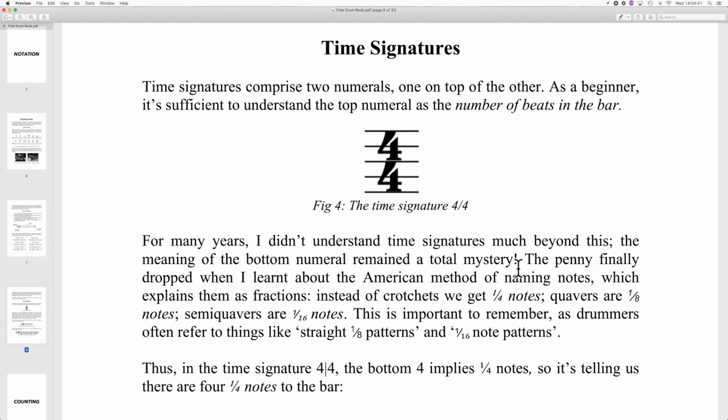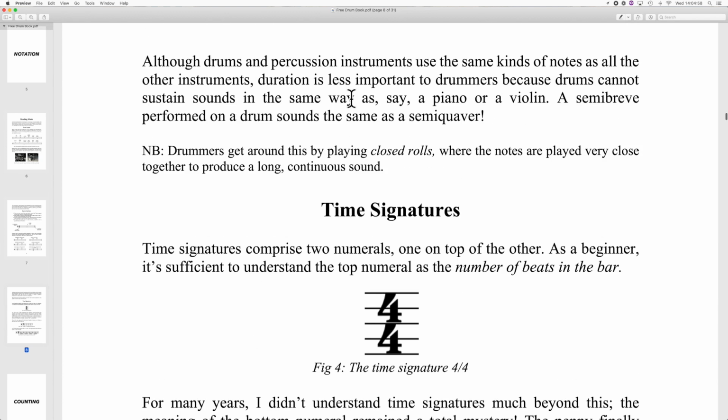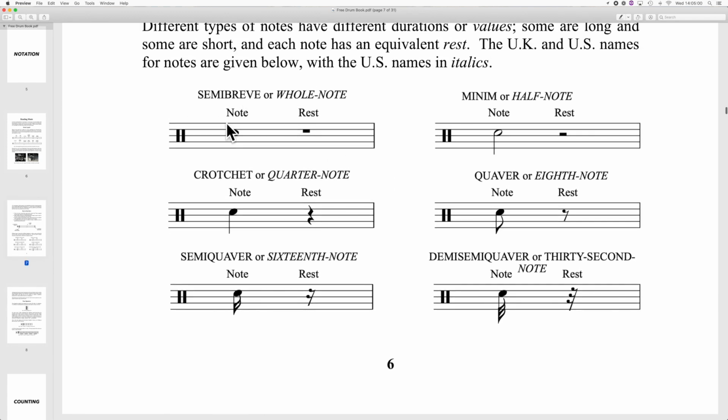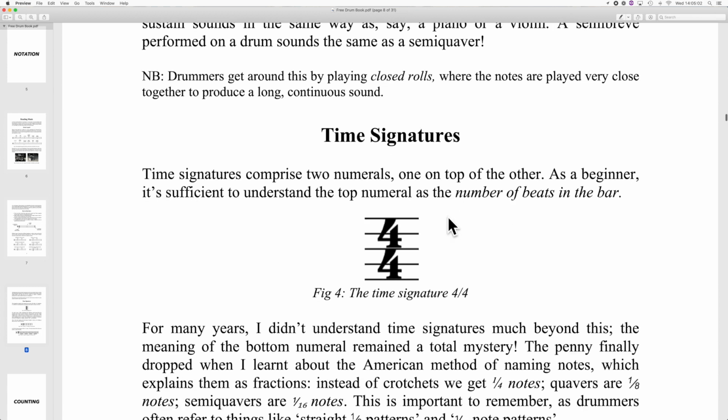The meaning of the bottom numeral remained a total mystery. This is true. The penny finally dropped when I learnt about the American method of naming notes, which explains them as fractions. So instead of crotchets, we get quarter notes, quavers are eighth notes, semiquavers are 16th notes, and so on. That's just the stuff we had in this previous picture up here.